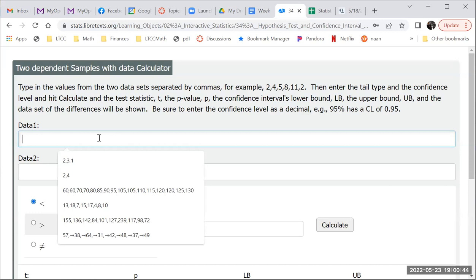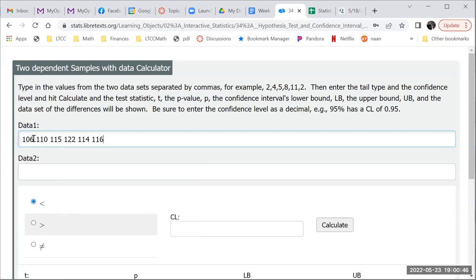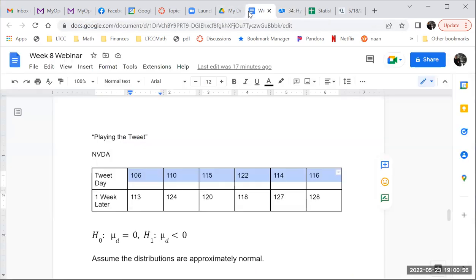And this is very similar to the one before. I'm going to copy and paste and stick commas in, which is the easiest. And then I go to the other one and copy and paste the other one.